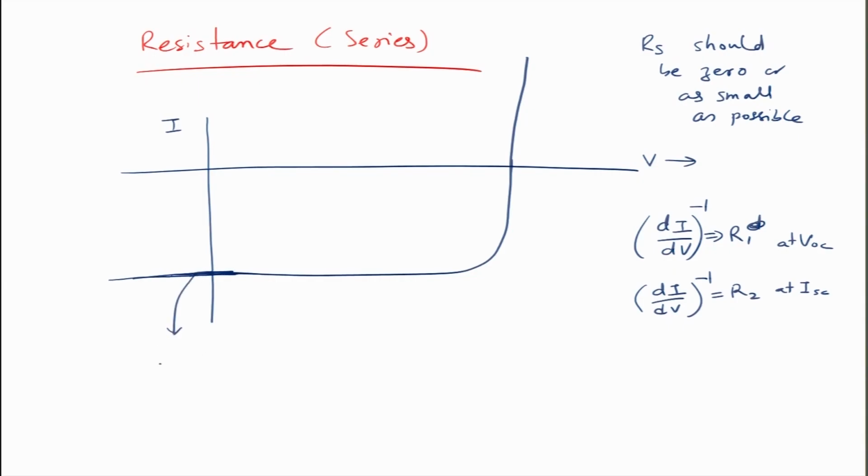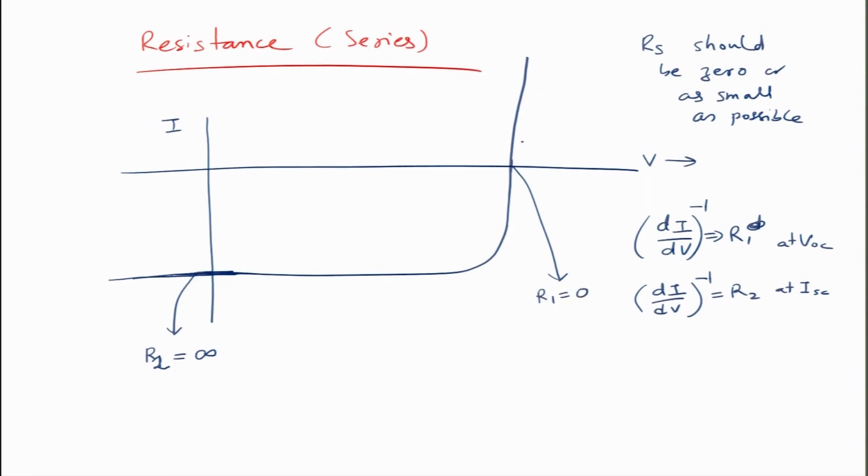So, which means R2 is infinity. This is R2. At this point I am saying that this line should be as vertical as possible. If this line is 100% vertical, then the slope at this point will be equal to infinity, which means R1 will be equal to 0.